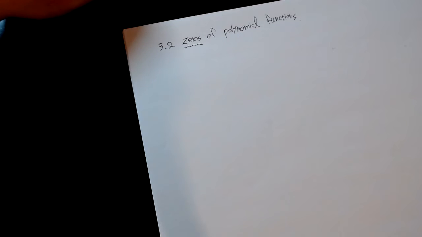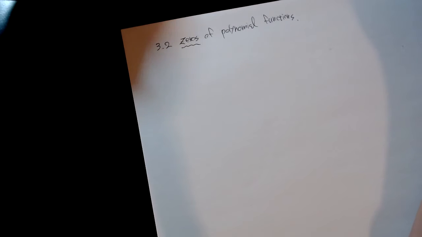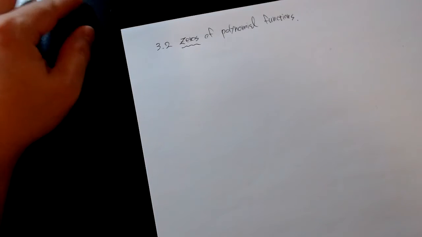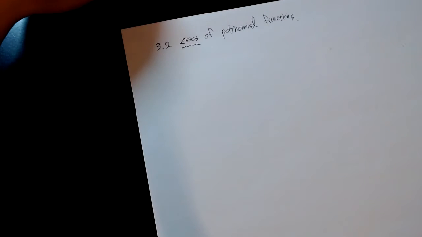So zero is a special name for the solution of the polynomial function equals 0.